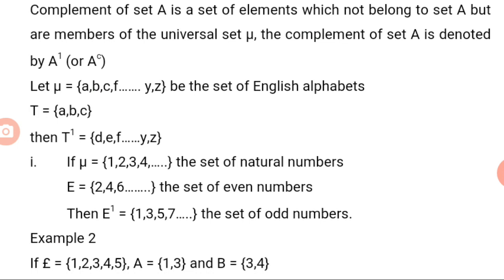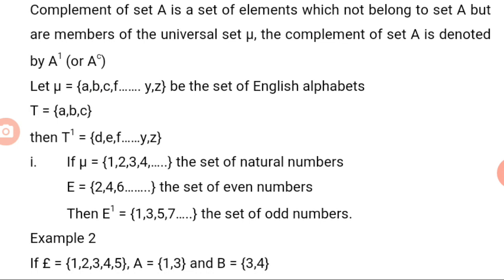Are we together? Then E complement. What will be E complement? E complement are those elements that are in the universal set but are not in set E. And those elements are 1, 3, 5, 7.